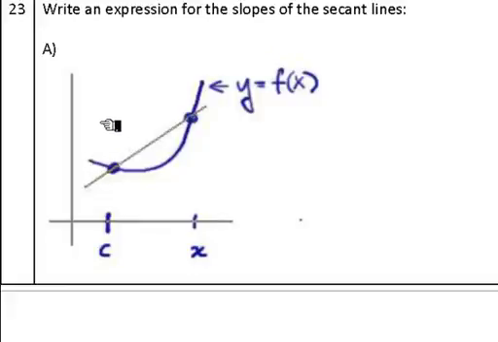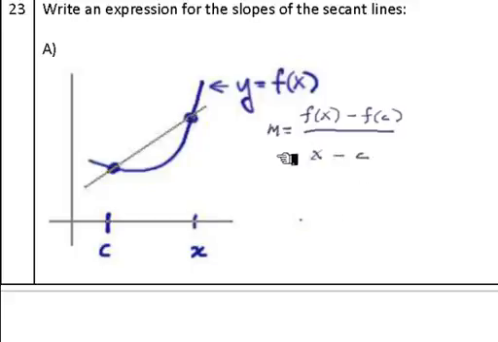In number 23, we want to write an expression for the slopes of the secant lines. So in this diagram, instead of using a and b, we're using c and x for the x values. All right, so the slope, I'll write m is equal to f of x minus f of c for the difference in the y values, and x minus c for the difference in the x values.